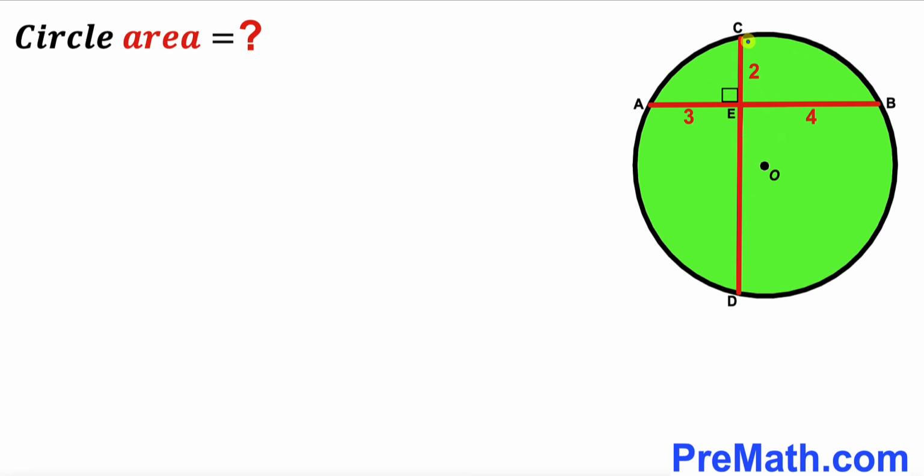We know this segment is 2 units, this segment is 3 units, and this segment is 4 units. However, this segment DE length is unknown. I'm going to label this one as x.